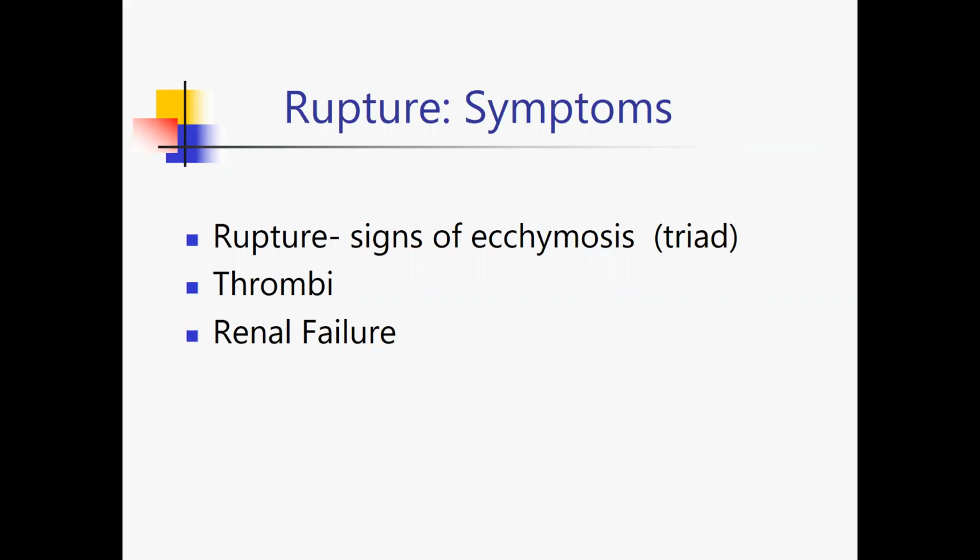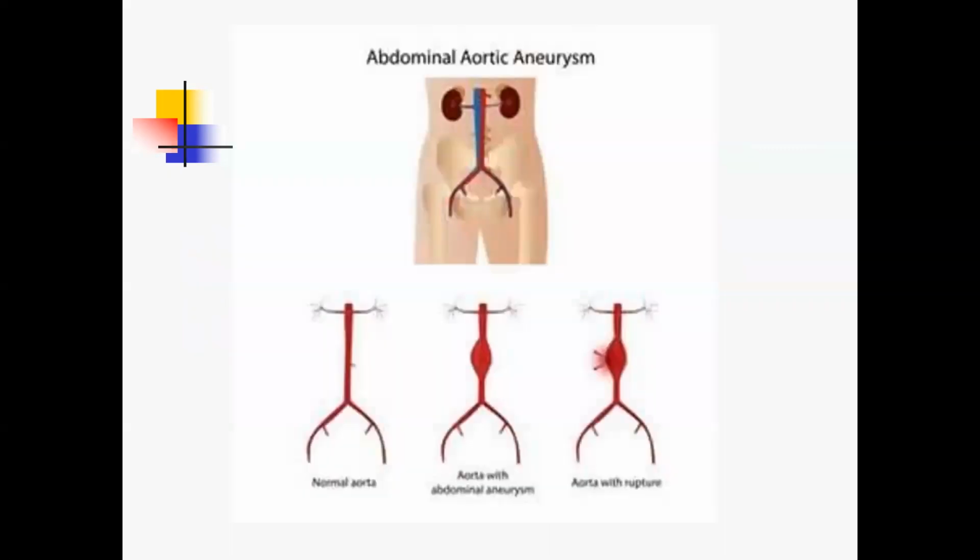Just remember to assess for thrombi and renal failure for these folks if you have rupture symptoms. So abdominal aortic aneurysms in this picture, the top picture doesn't really show the aneurysm, but a normal aorta to the left, an aorta with abdominal aneurysm in the middle, and to the right, we have a rupture.